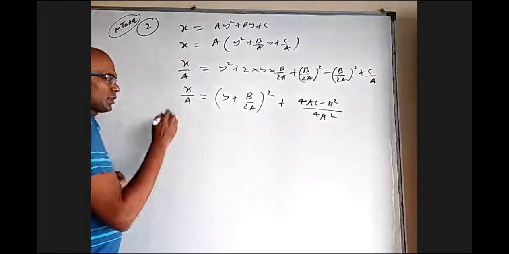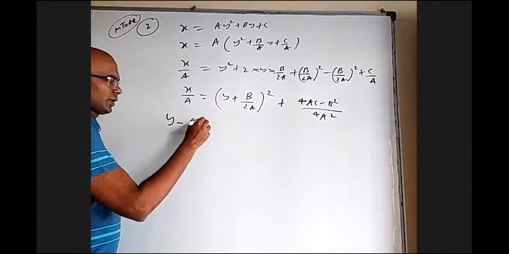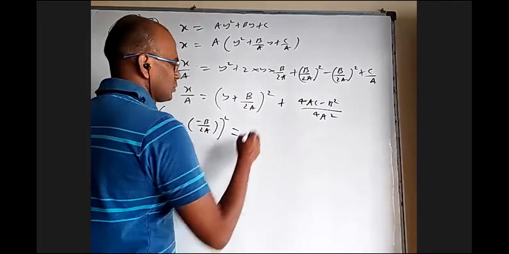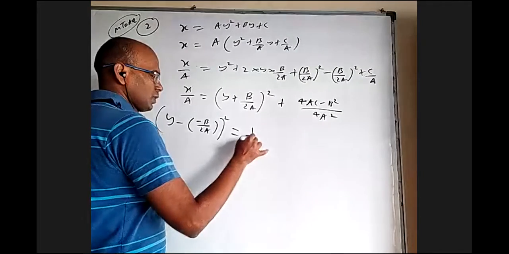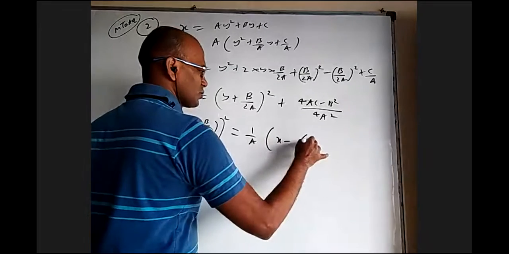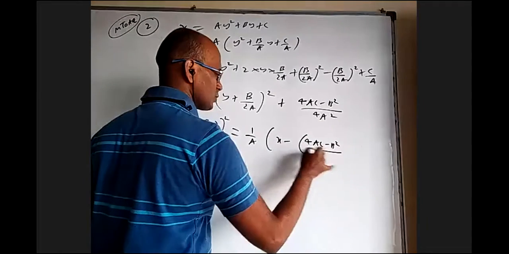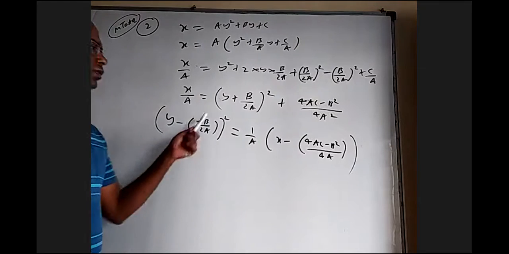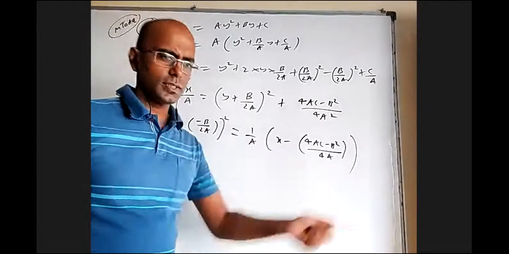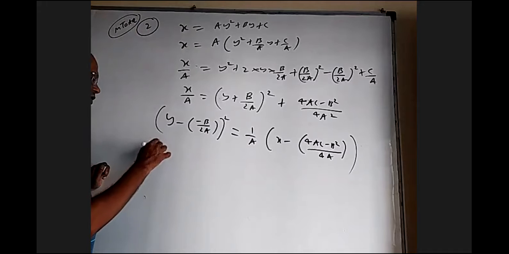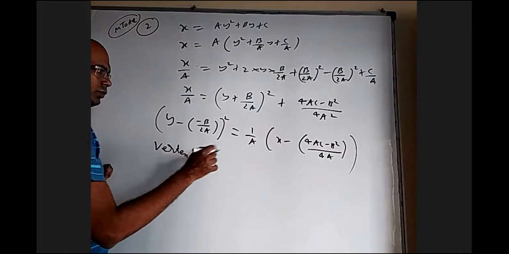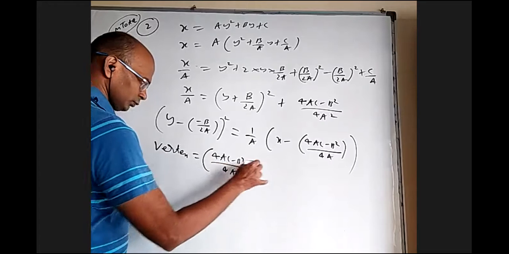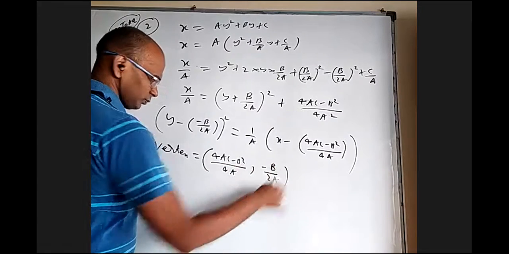I can bring this one here and write properly y plus b by 2a whole square is equal to, bring this side and take 1 by a common, x minus (4ac minus b square by 4a). Now it is in the form of (y minus k) whole square equal to 4a into (x minus h), the standard form. So what is the vertex? X coordinate is (4ac minus b square) by 4a, and y coordinate is minus b by 2.